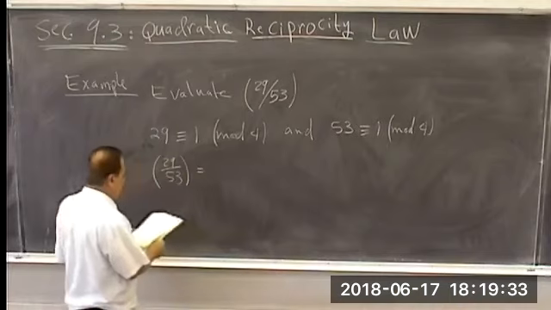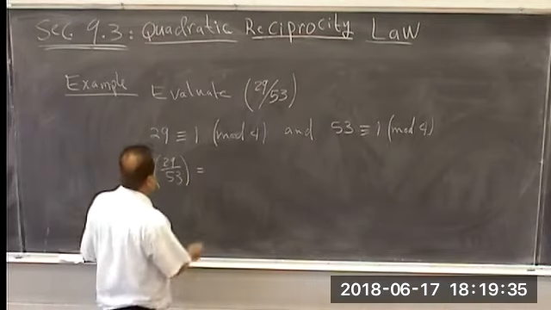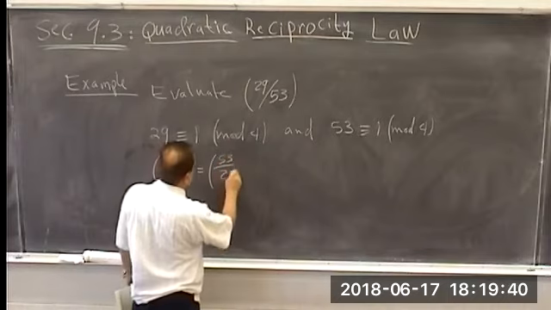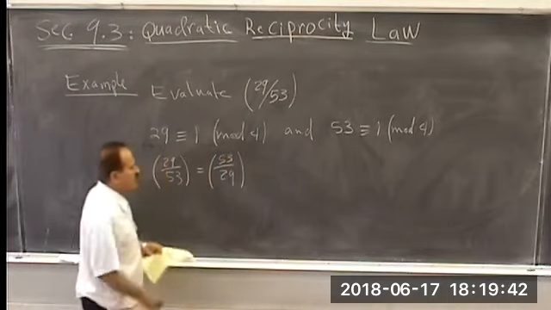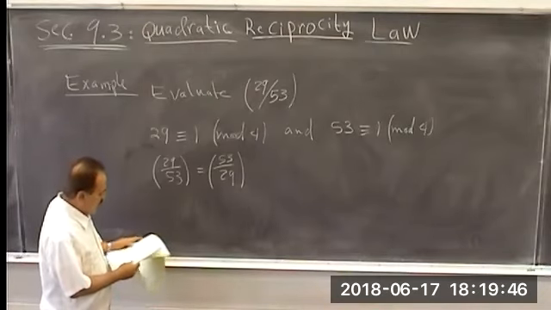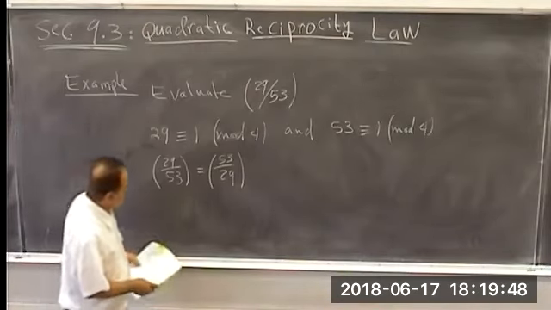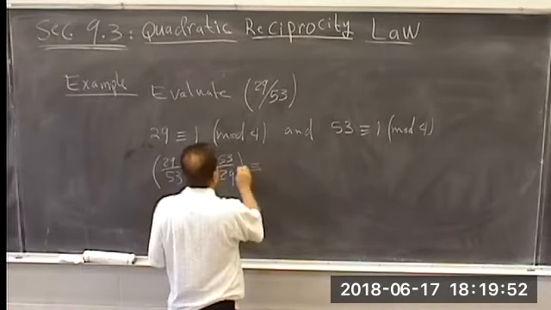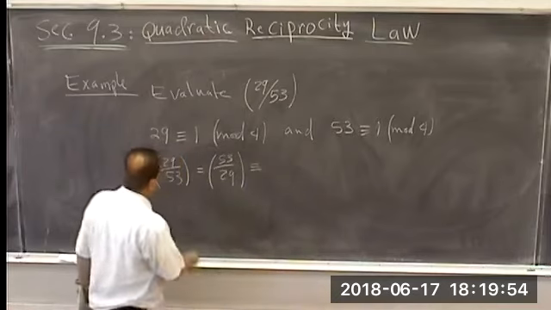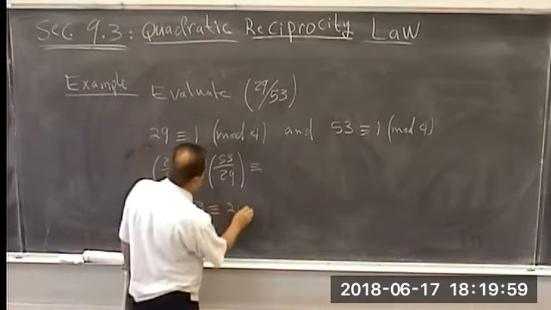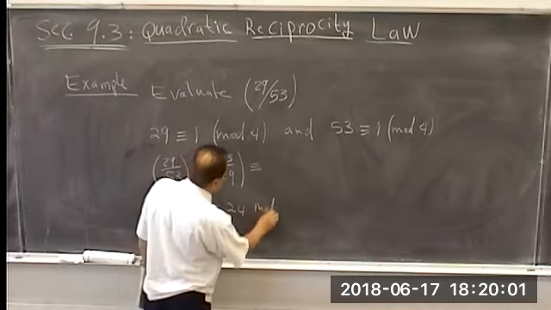So this one is equal to 53 over 29. So we have a smaller denominator. And now I can see, because we're going to reduce, we have 53 is congruent to 24 mod 29.